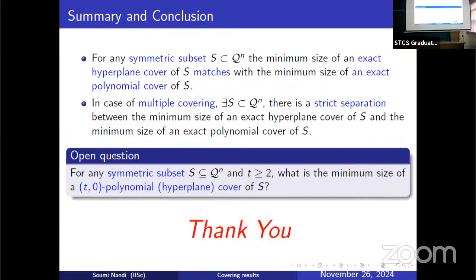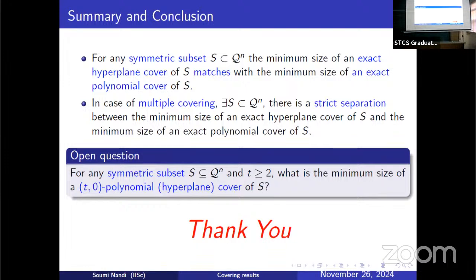And for any given symmetric set, if we want to find the minimum degree of the polynomial, or even the number of hyperplanes, that will be a T-0 cover, that is still unknown.